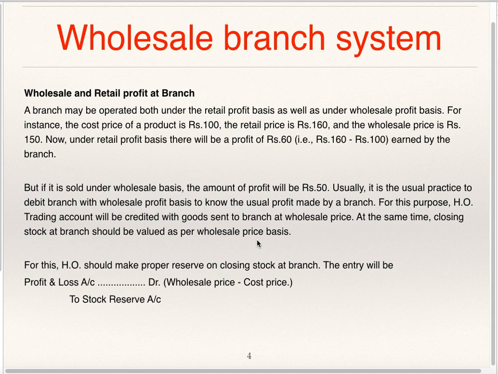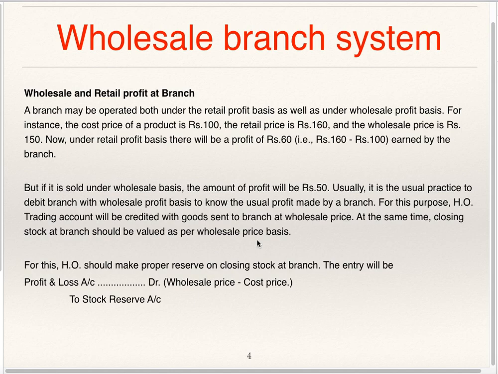Opening stock loading will be recorded on the credit side of profit and loss account and closing stock loading will be recorded on the debit side of profit and loss account, but it will be recorded in the head office column and not in the branch column, even if closing stock or opening stock is of branch, because ultimately you are finding out the profit of head office.